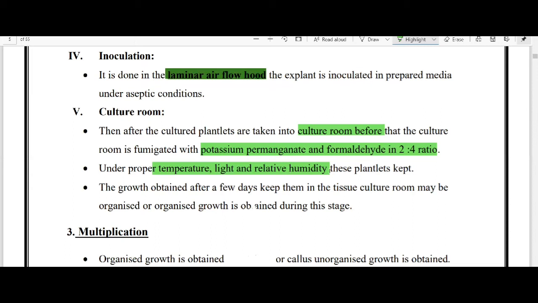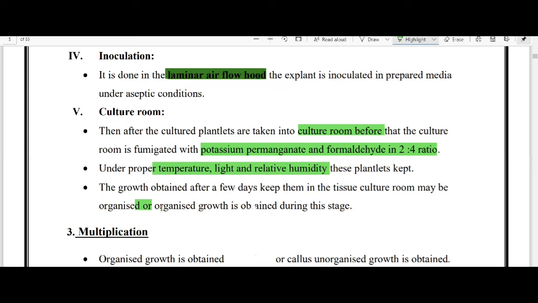The light depends upon the plant which is grown, but a minimum of 16 hours of light is given to the plants in this culture room. The growth obtained after a few days in the tissue culture room may be organized, or the growth obtained in this tissue culture room can be unorganized.